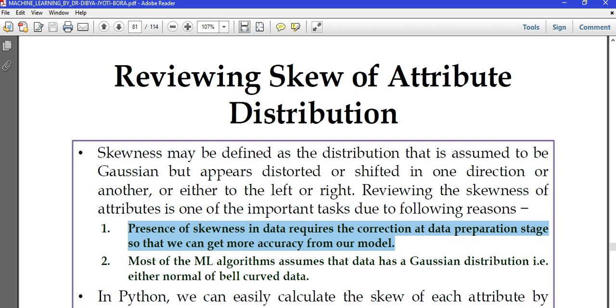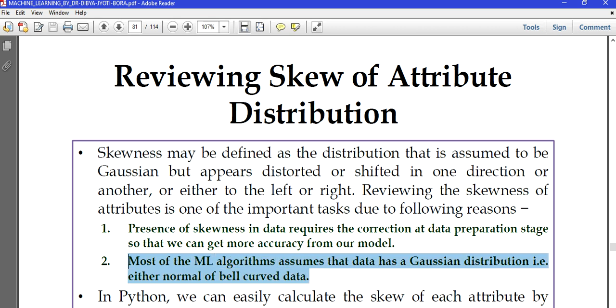If you detect the presence of skewness at the data preparation stage itself, it will help you reach a sufficient accuracy level for your model. Most machine learning algorithms assume that the data has a Gaussian distribution, that is, normal or bell curve data.